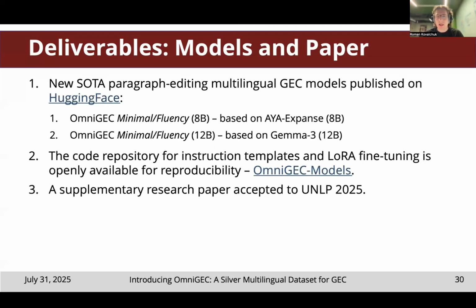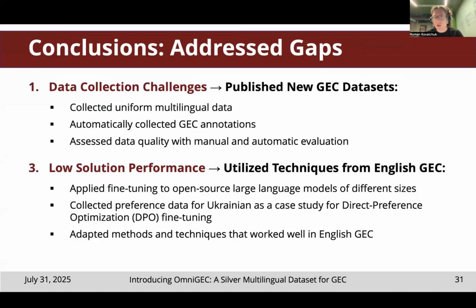Next, the best models, new SOTA paragraph editing multilingual GEC models, were published on Hugging Face, both in 12B and 8B options for minimal and fluency edits. The code repository for instruction tuning with LoRA is openly published on GitHub, and a supplementary research paper has been accepted to UNLP 2025.